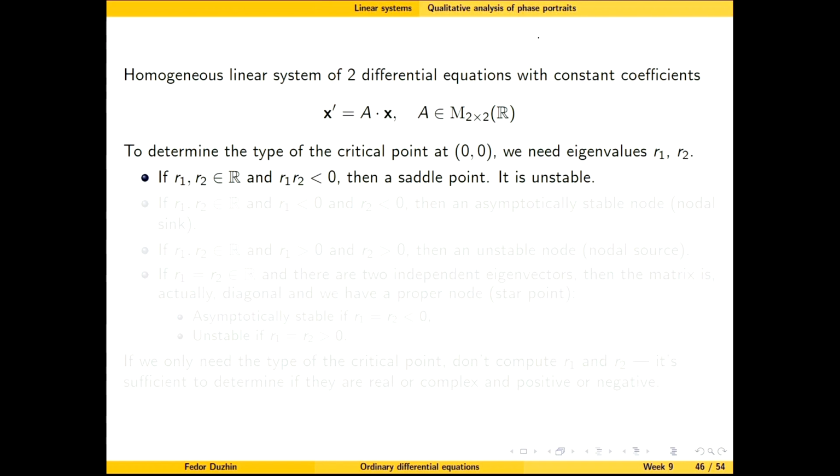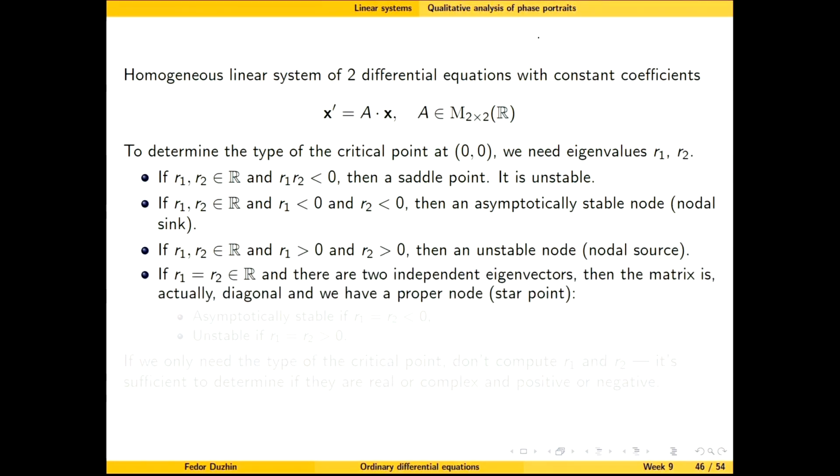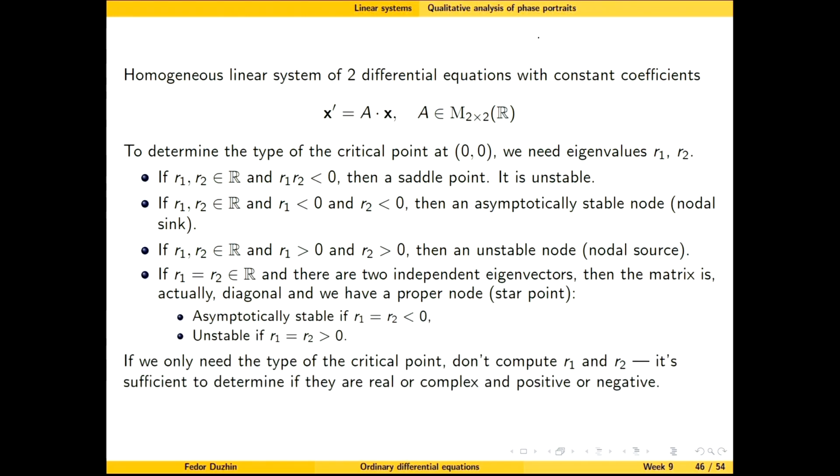We know that if the product is negative, then it's a saddle point. If both eigenvalues are negative, then we have an asymptotically stable node. If both are positive, then we have an unstable node. If they are equal and there are two independent eigenvectors, then the matrix is just a diagonal matrix, so we have a proper node or a star point.